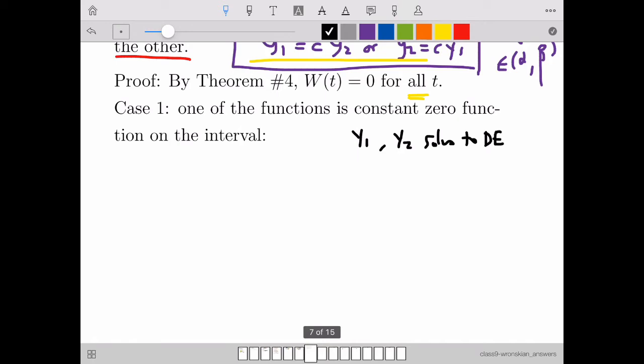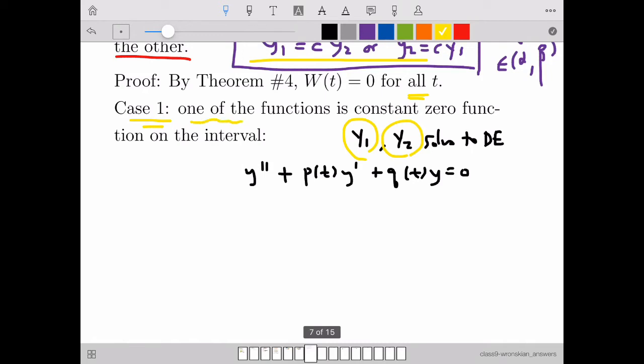And that DE is homogeneous, so it is y double prime plus p of t y prime plus q of t y equals 0. And we have two solutions. So case 1 is one of them is 0 on the interval (alpha, beta).